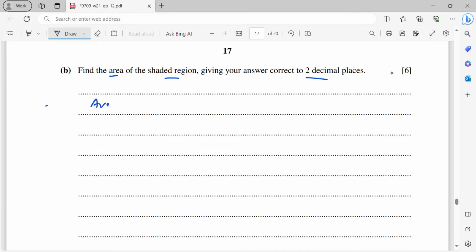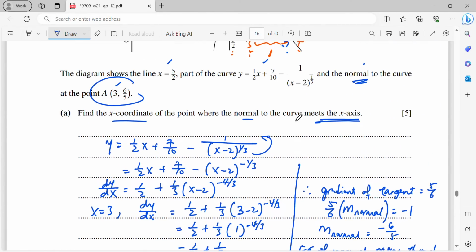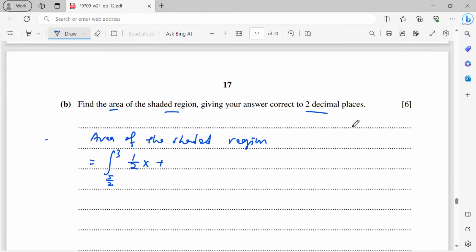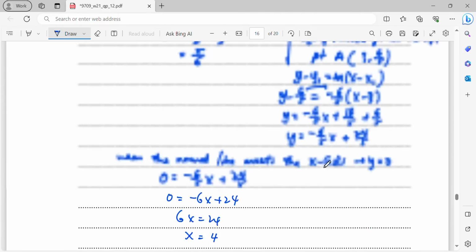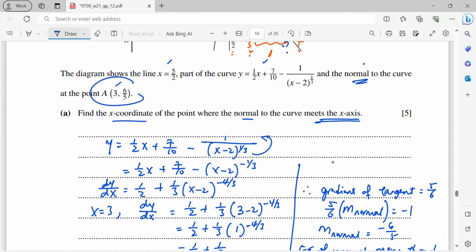So now my area of the shaded region equals to integrate from 5 over 2 to 3 the graph. The graph is half x plus 7 over 10 then minus, okay, for integration I will use this form because I need the degree, right?